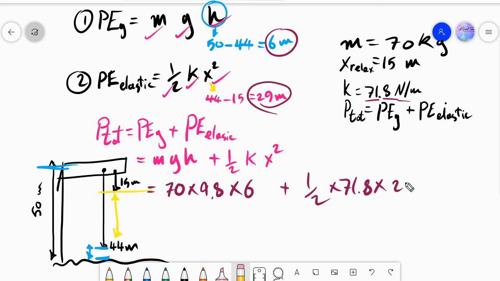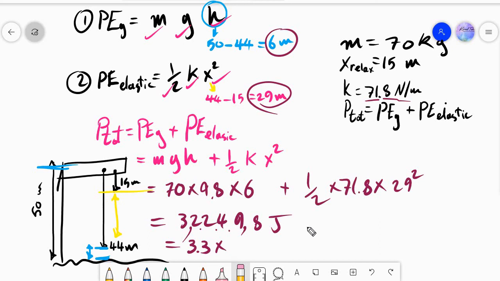Now x here is 29 squared. Don't forget square, please. Equals, by calculator, 32249.8 joule. We can write it by moving the comma, 3.2 times 10 to the power 4 joule. Okay, that is the answer.